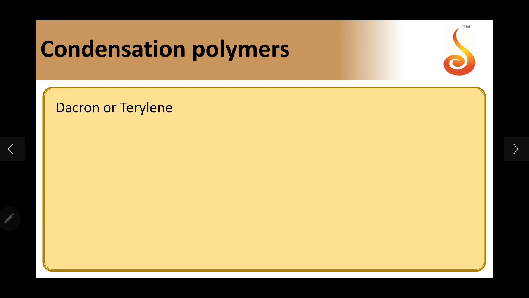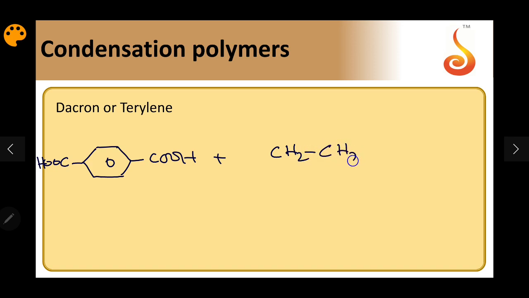Then we have Dacron or Terylene. Dacron is obtained from two monomers. One is terephthalic acid and ethylene glycol. It's a polyester. So esterification takes place.